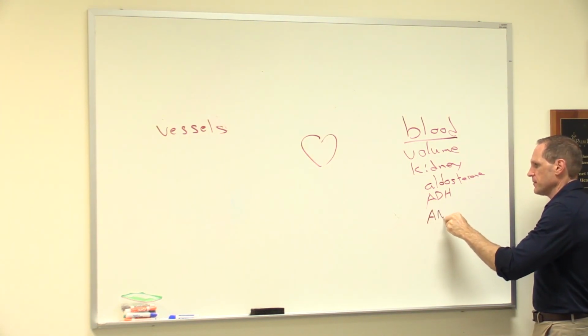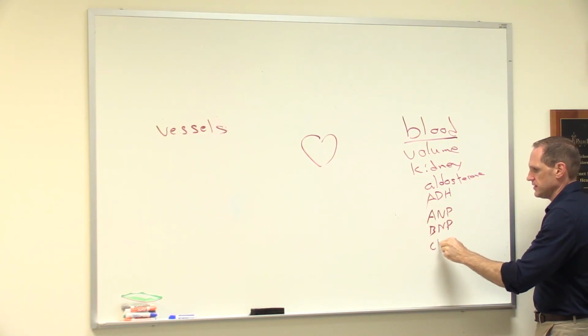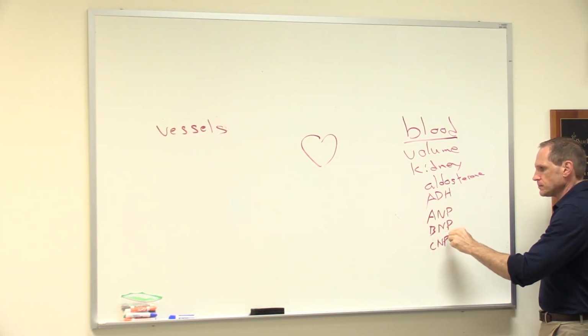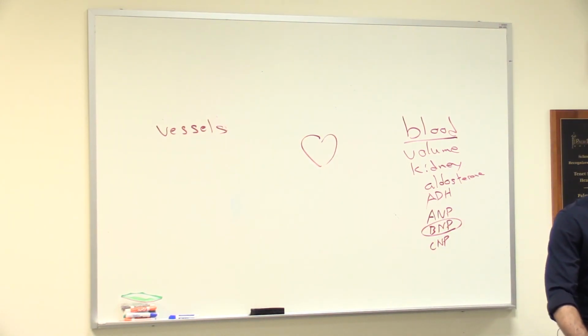And there's 3 of them, ANP, BNP, and CNP. The most active one is BNP, which is produced by the ventricles. So these 3 things together determine the amount of water that your kidneys are going to be holding on to. ADH says hold on to water. Aldosterone says hold on to water. Natriuretic peptide says get rid of water.